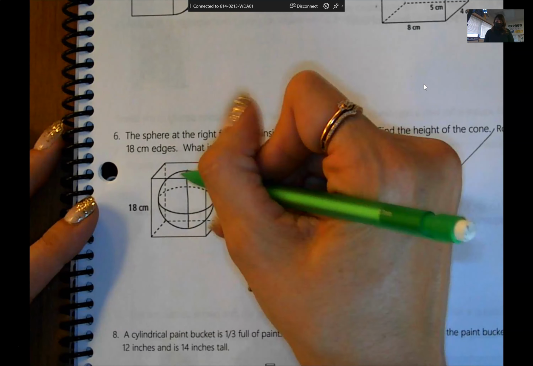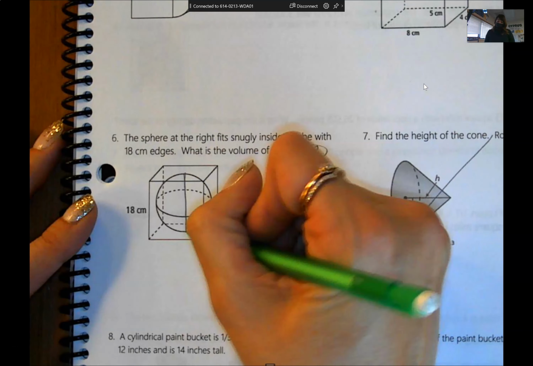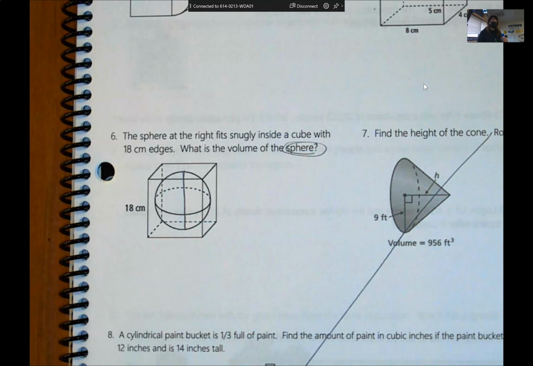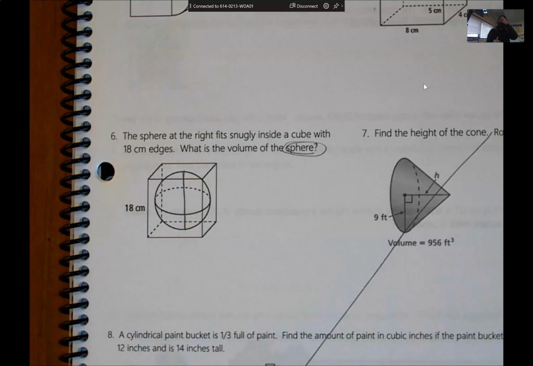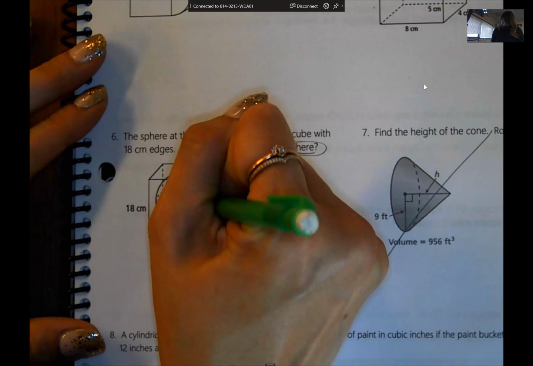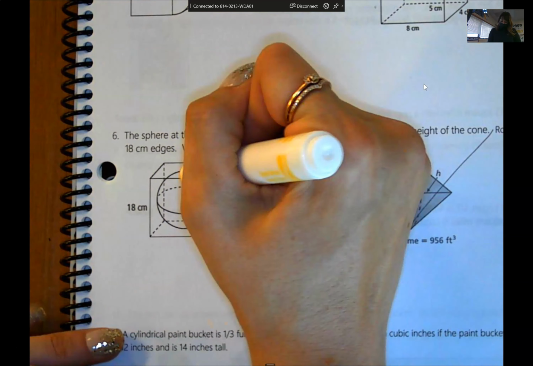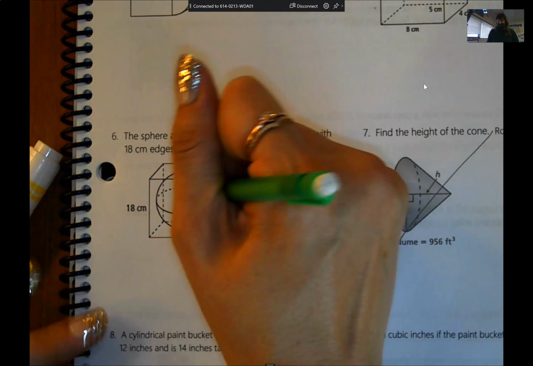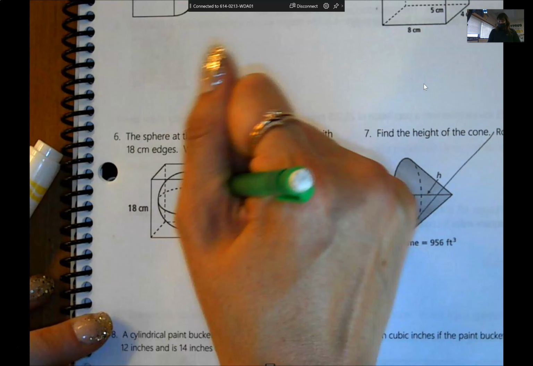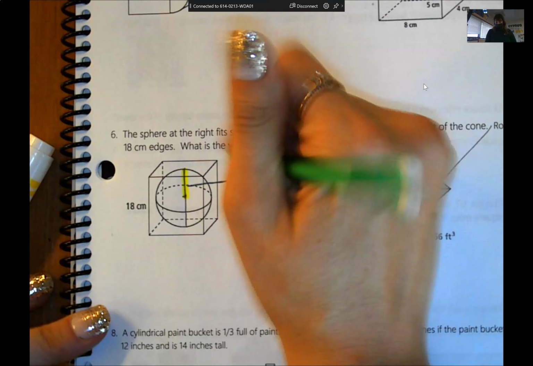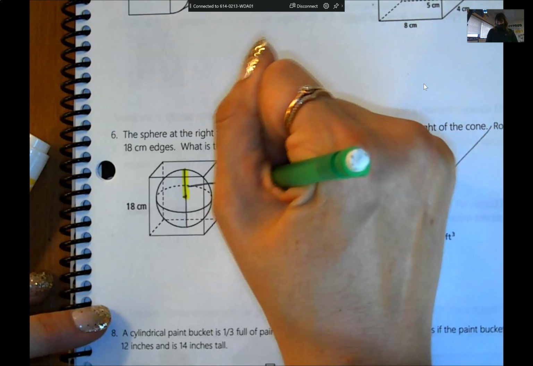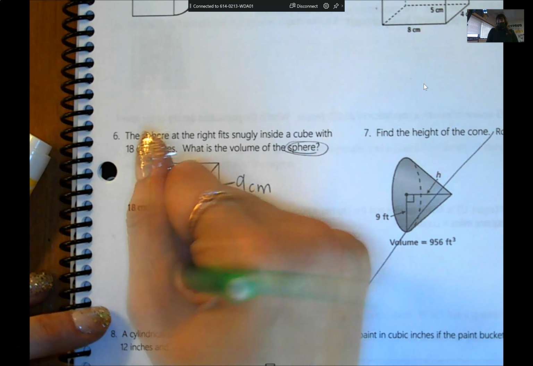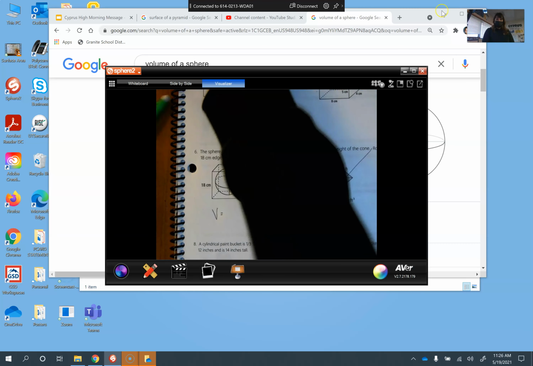So the distance from the top of the sphere to the bottom is 18. Well, the radius is half of that. The radius is the distance from the top to the center. So if the full distance is 18, what is the radius, or the half distance? 9. So now we can plug that into Google.